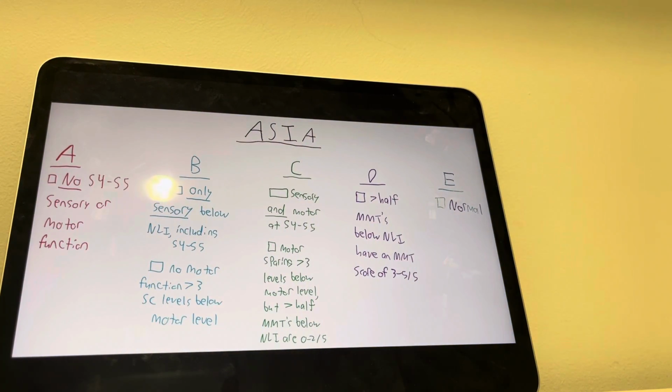Getting into the ASIA scale here, I tried to break it up into at most 2 categories for each level.